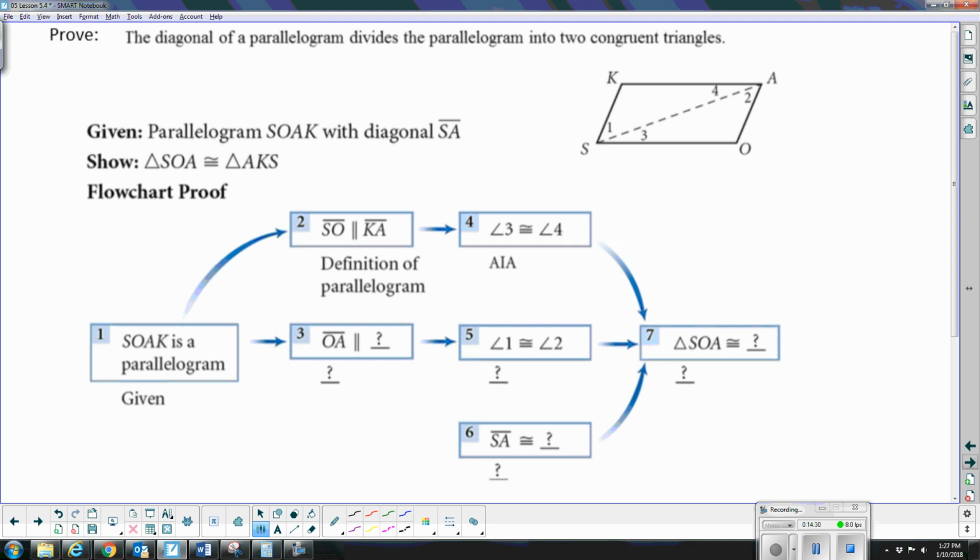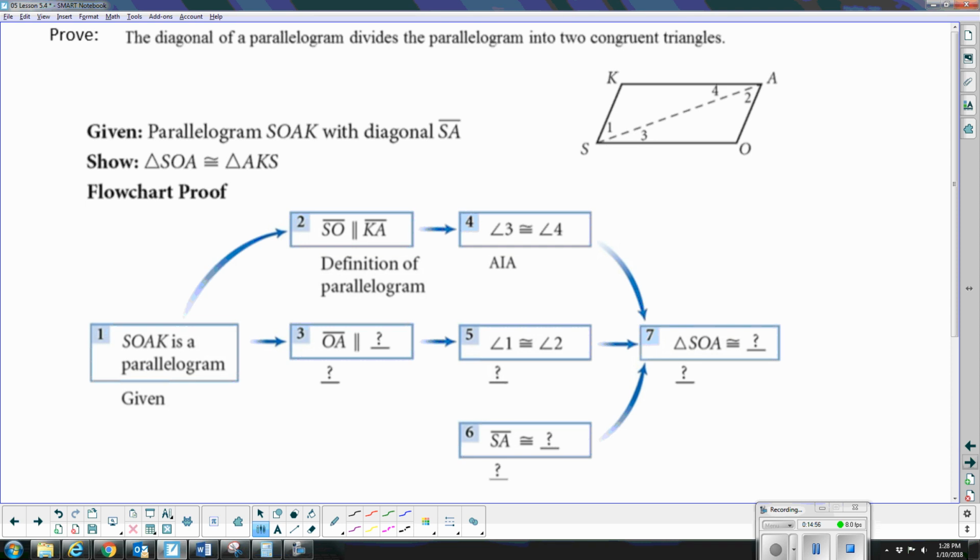All right, so let's look at this flowchart proof. So again, we're just walking through the steps and saying how we know each piece of what gets us to our final conclusion. So we have this parallelogram. We know it's a parallelogram, and we know that SA is a diagonal. So we want to show that SOA and AKS are congruent.